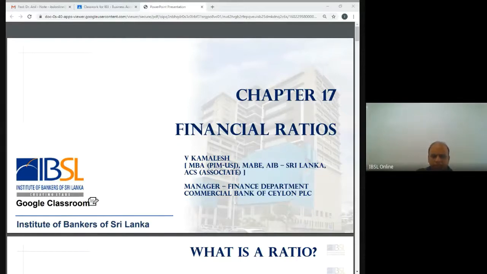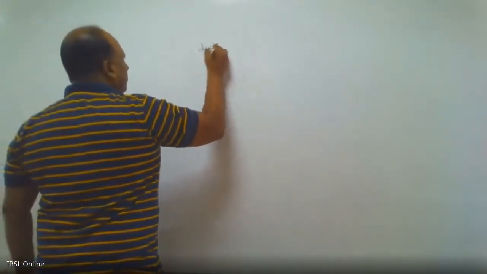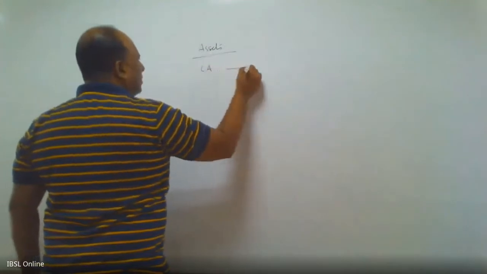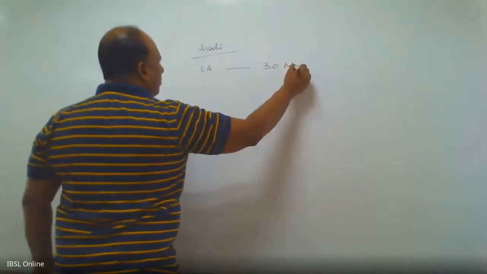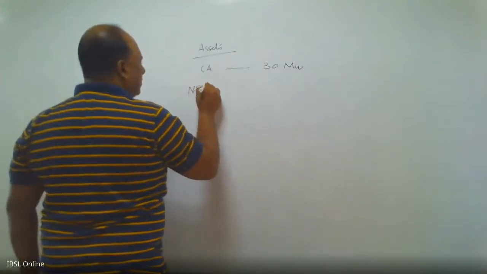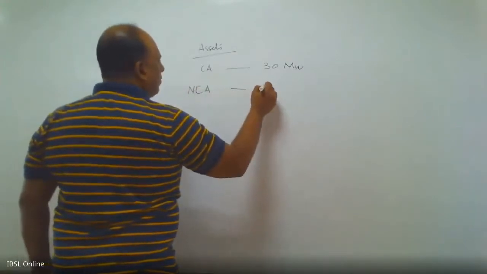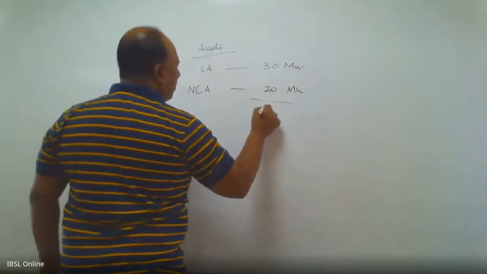Let me illustrate this on the board for you to easily understand. Let's say we look at a business concern where, from your asset position, you have current assets of 30 million and long-term or non-current assets of 20 million, so that you have 50 million here.